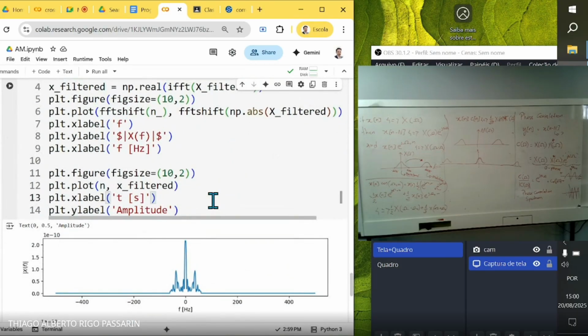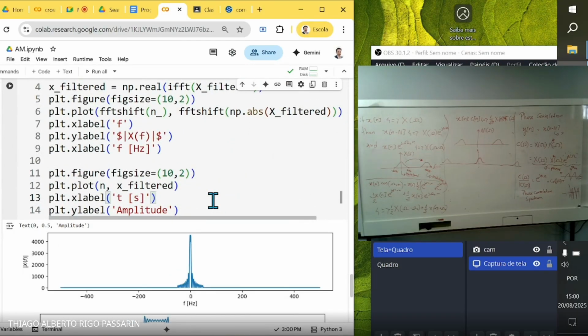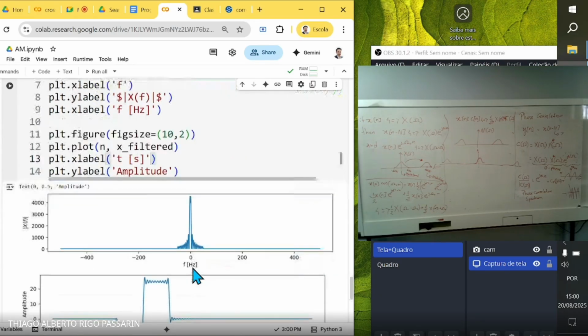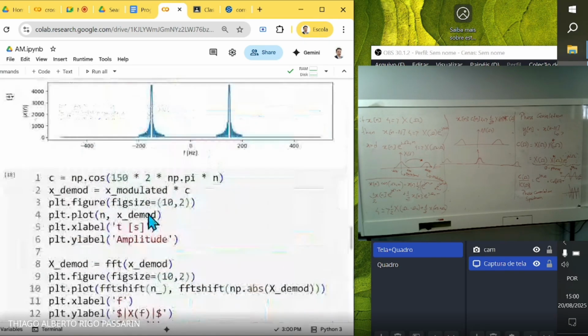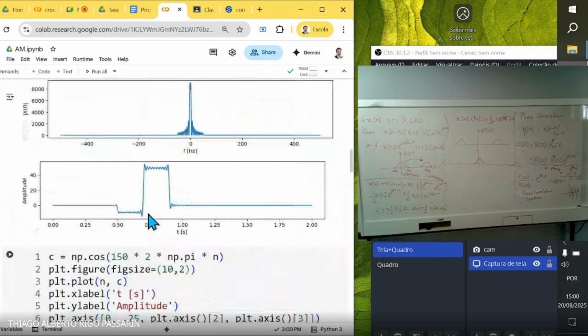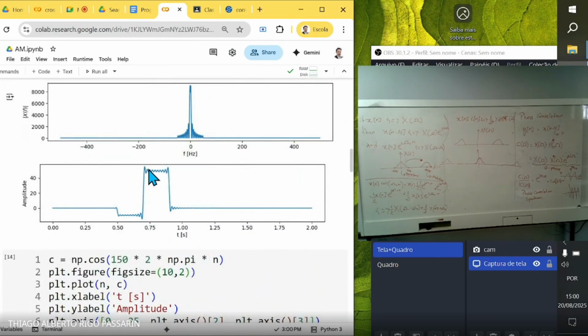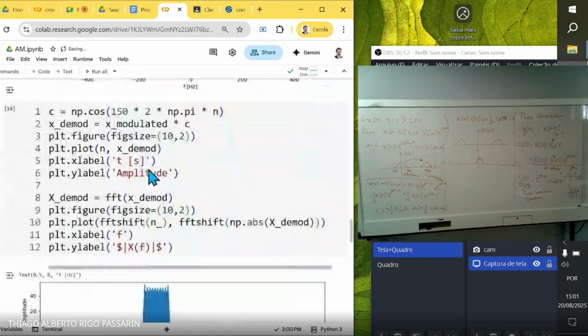Then let's do this again. Okay, here's the resulting spectrum. Here's the resulting time domain signal. I believe it will have half the original amplitude. It's going up to 30 here, and the original one was, yes, 60. Why?